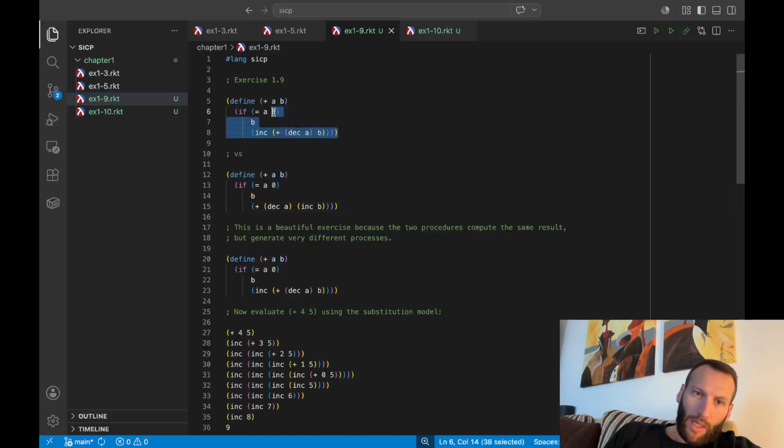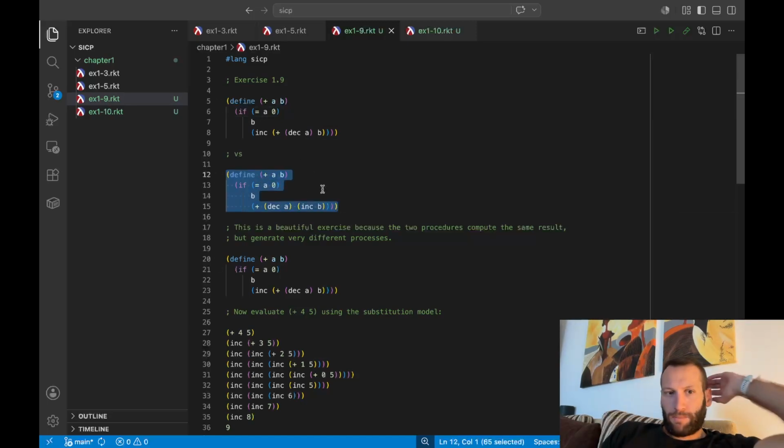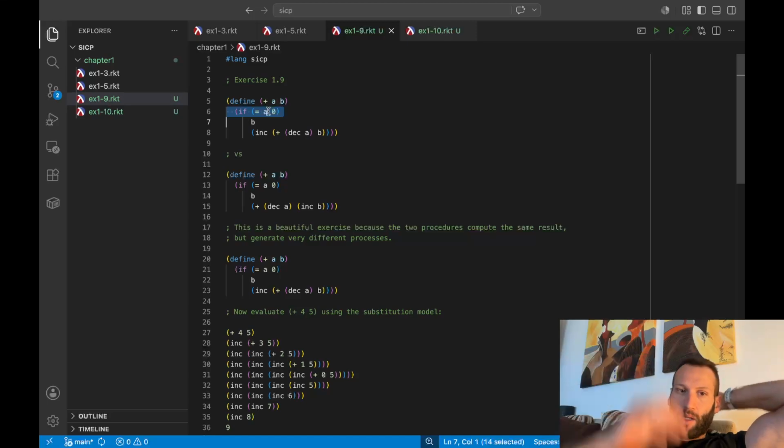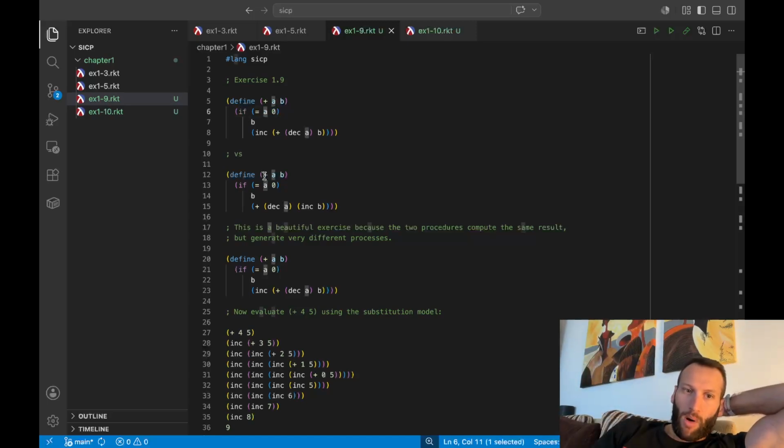We have this first definition, and we have this second definition. As you can see, the difference, the definition, the if part is exactly the same, since if A equals 0, then the procedure returns B. This is in both the definitions.